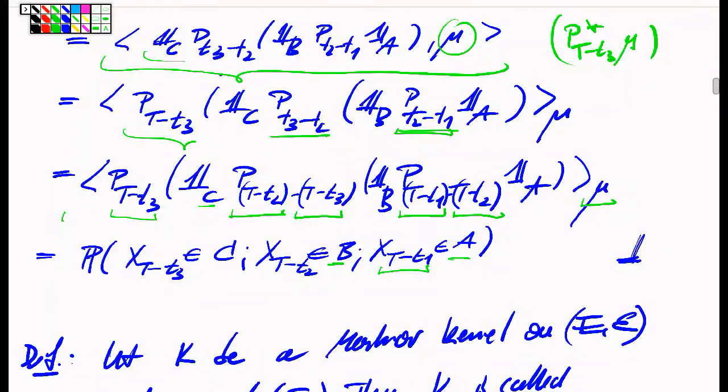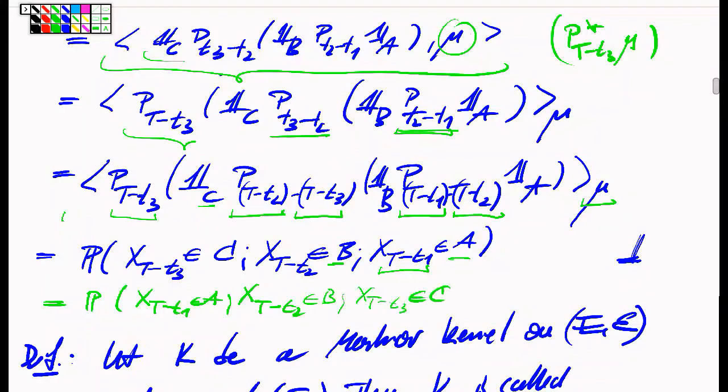And this is exactly, we can just rearrange these conditions, which is obviously the same as writing X at T minus T1 being in A, X at T minus T2 being in B, and X at T minus T3 being in C. So here I have just written the three conditions which define this probability, just in a different order, an order which corresponds to the decreasing order of these time points.